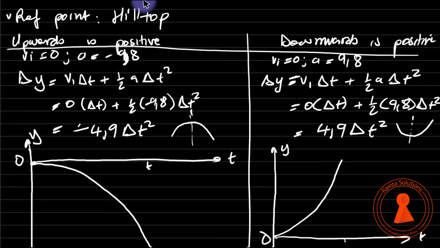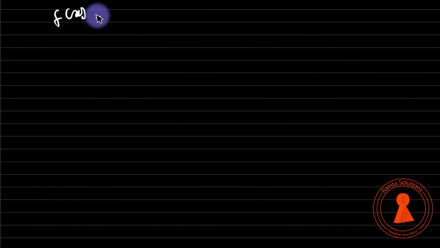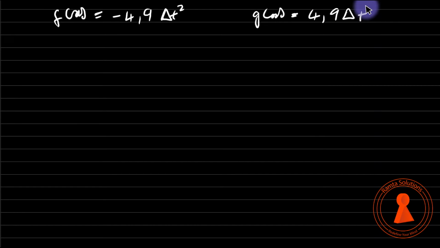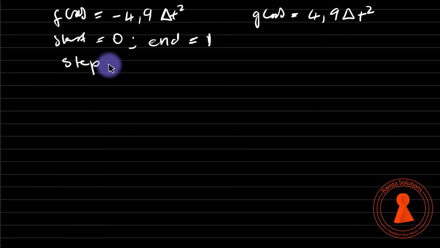Say on your table, f of x equals negative 4.9 delta t squared, and then g of x equals positive 4.9 delta t squared, and then start at 0 and end at, let's say, 1, and let your step be 0.1.